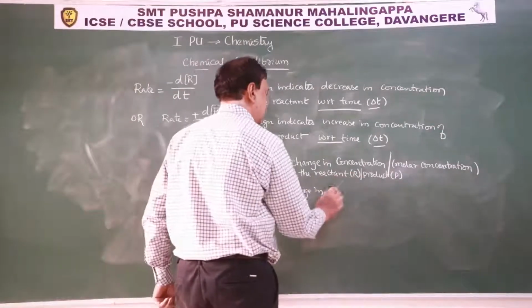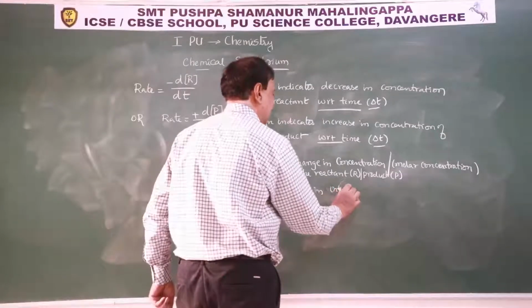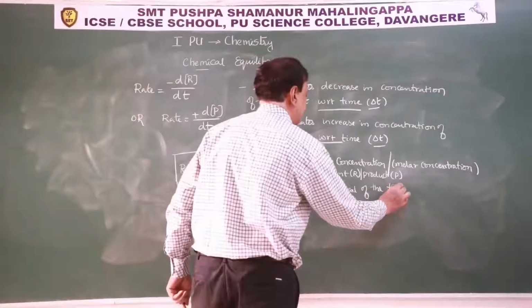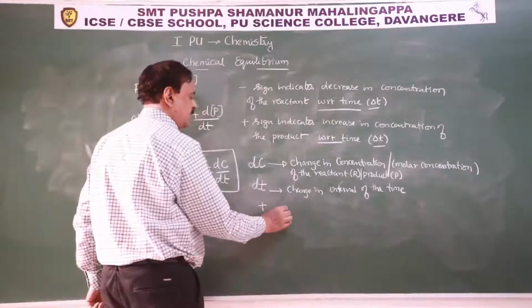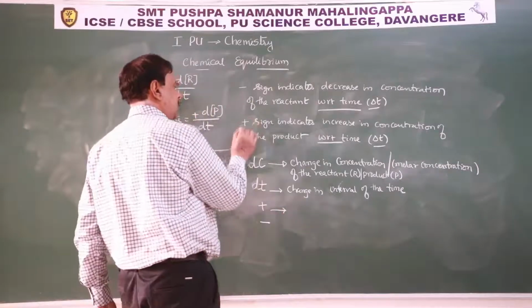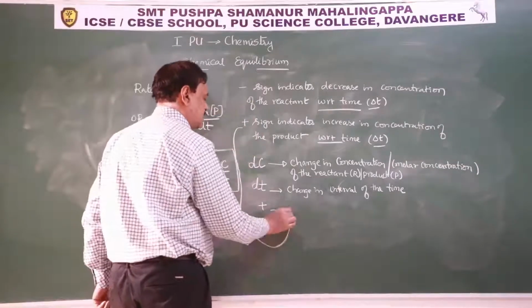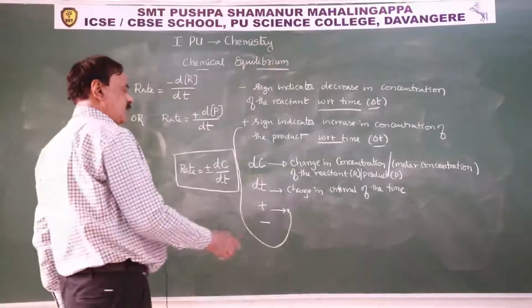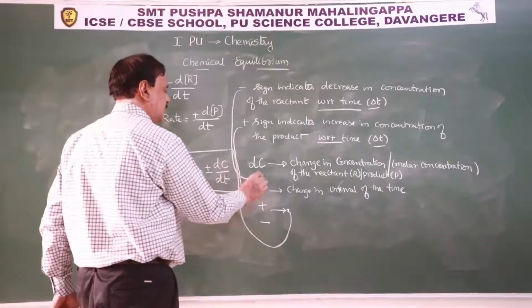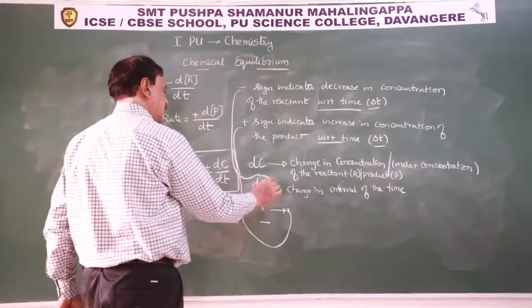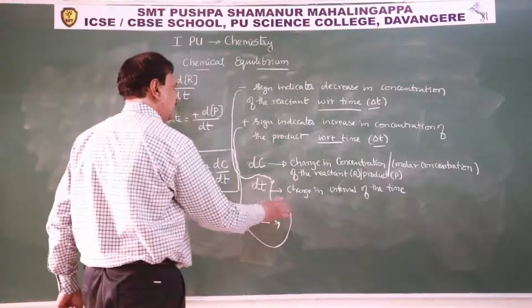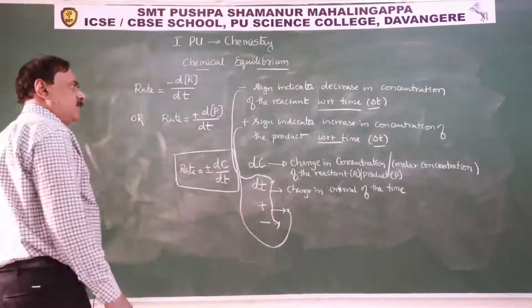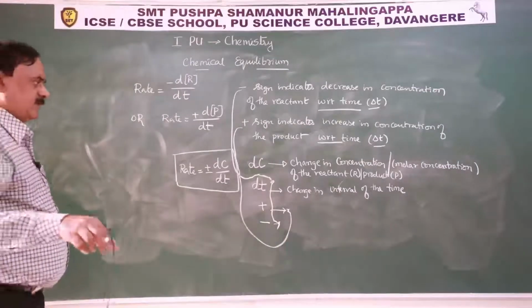The plus sign indicates increase in concentration of the product with time, and the minus sign indicates the decrease in concentration of the reactant with respect to time.